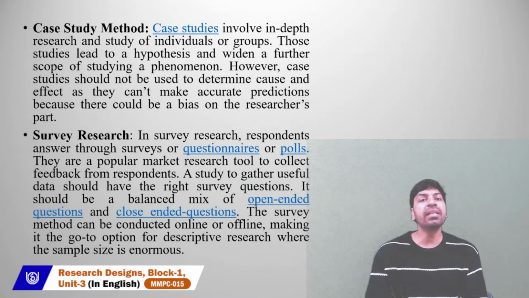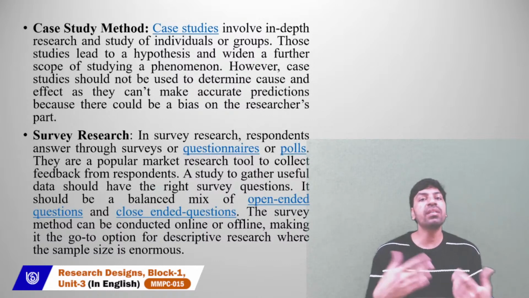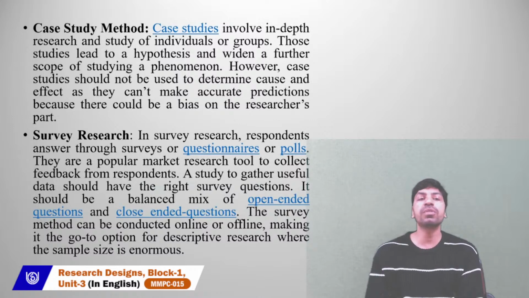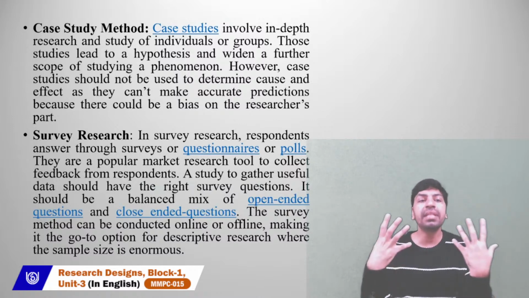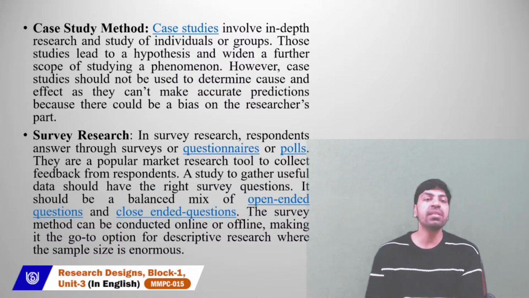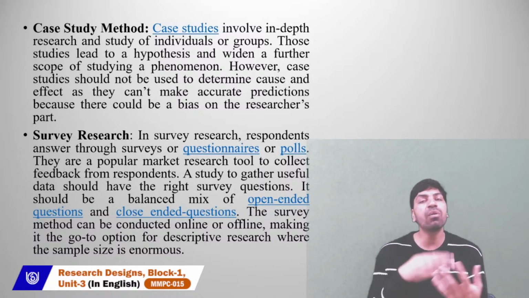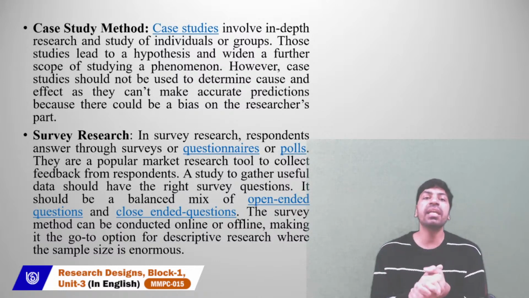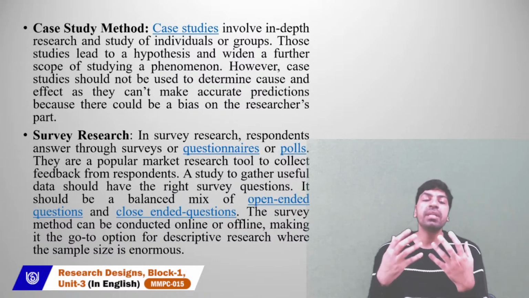Next one is the case study method. Case studies involve in-depth research, the study of individuals and groups. It always leads to hypotheses and assumptive statements, and accordingly a specific scope of studying a phenomenon is important.